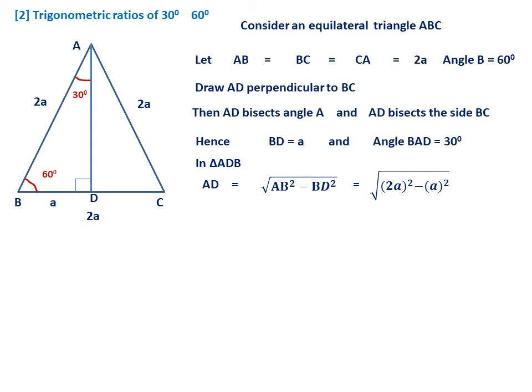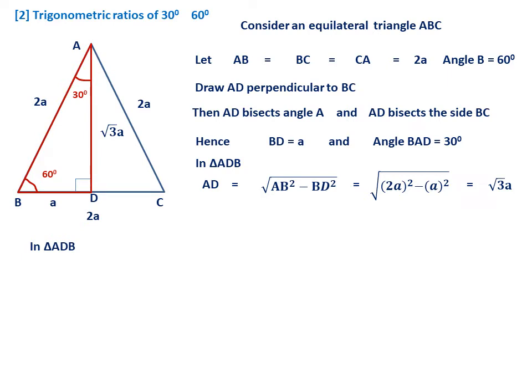Now substitute, that is 2A whole square minus A square. When you simplify, 2A square is 4A square, 4A square minus A square is 3A square. So when you take the square root, it is root 3A. Therefore, the altitude is root 3A.